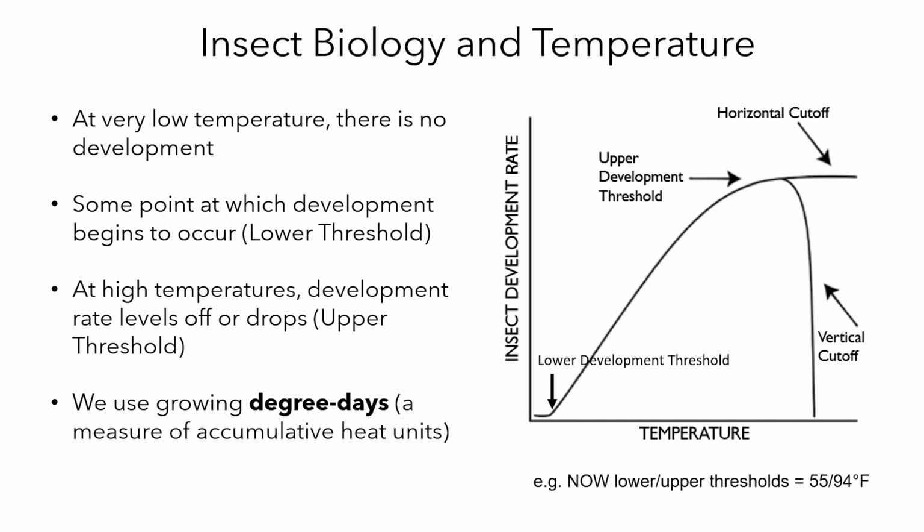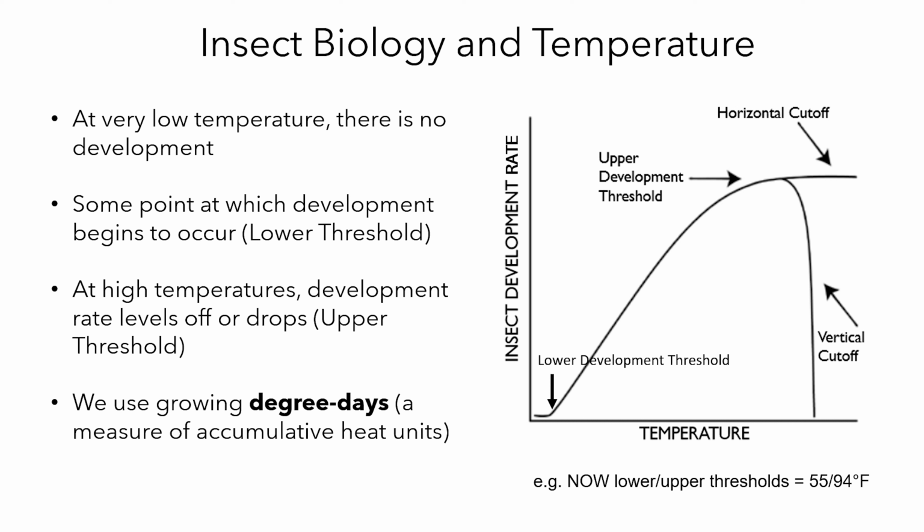That temperature we call the lower development threshold. If you look at the y-axis, that's the insect development rate, and then the temperature. As the temperature increases, the rate of insect development also goes up, more or less linearly, up to a certain point where there is extreme temperature.